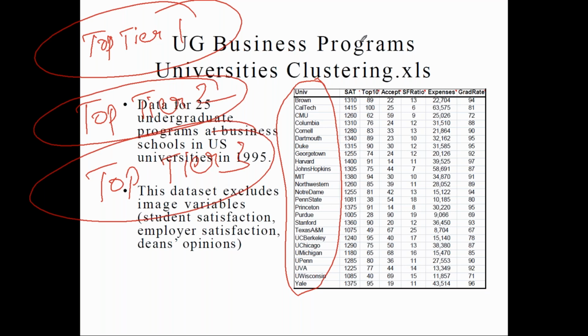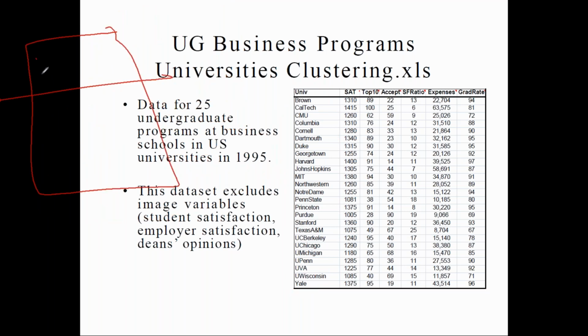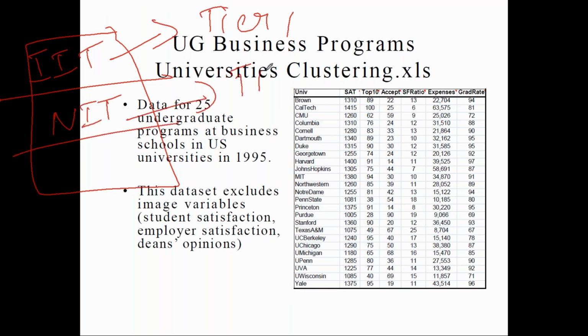For example, forget about the US. Let us go for Indian universities. All the IITs will come into tier 1. Next, NITs will come to tier 2. Next, can you tell me?